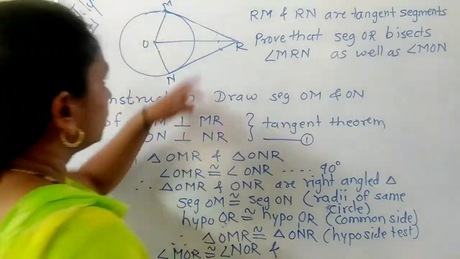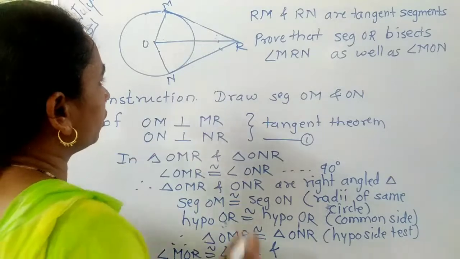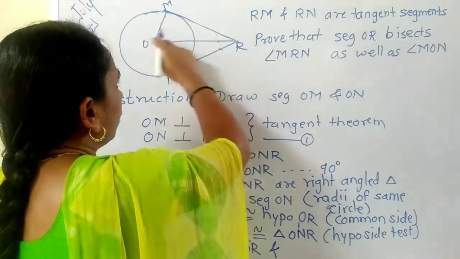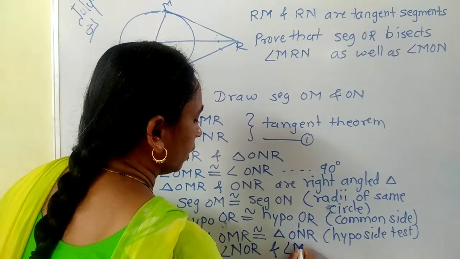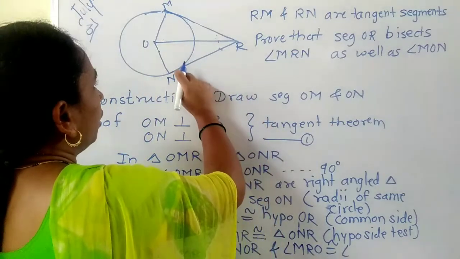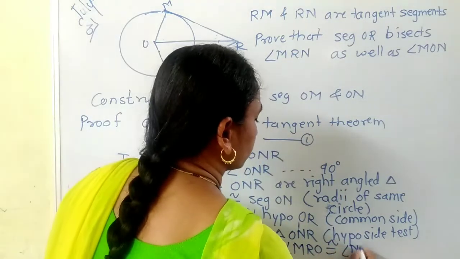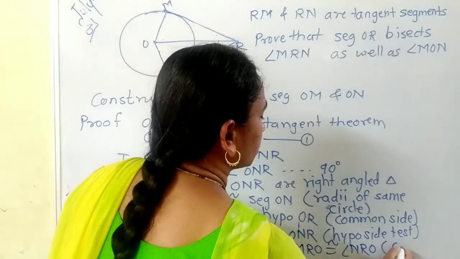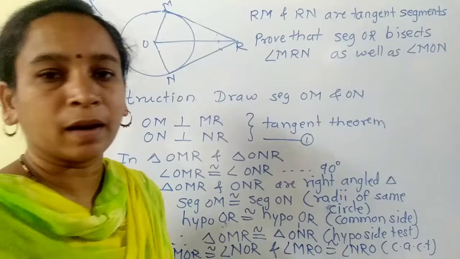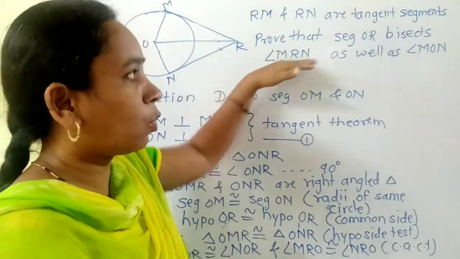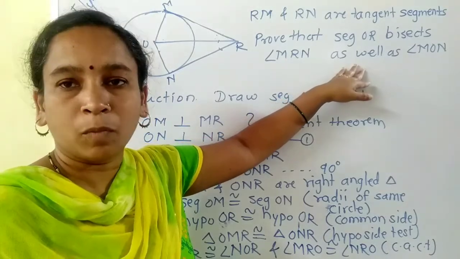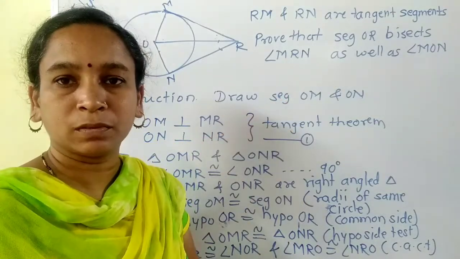And also these corresponding angles are congruent: angle MRO is congruent with angle NRO. Reason: corresponding angles of congruent triangles. Therefore you can say that segment OR bisects the angle MRN as well as angle MON, and hence it is proved.